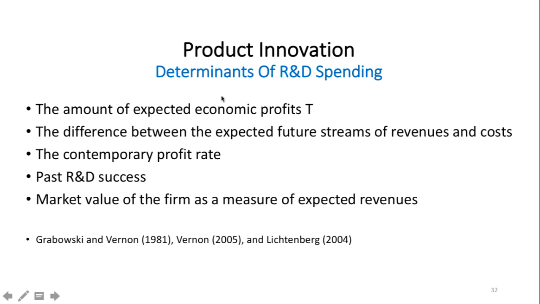The other factor in product innovation is the determinants of research and development spending. So you have to consider the amount of the expected economic profits. You have to consider the difference between the expected future streams of revenue and cost, the contemporary profit rate, the past R&D success, and the market value of the firm as a measure of the expected revenue.